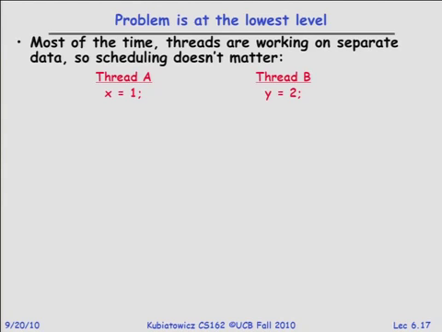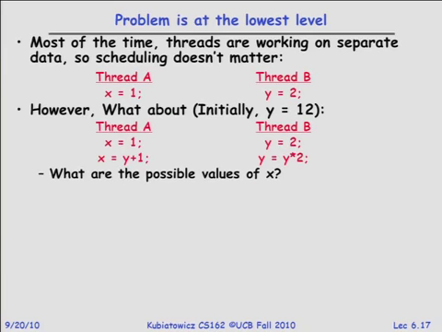This one's a little trickier, right? What are the possible values of x when these two threads are done? 13, 3, or 5. Looking at my slides, of course. Can anybody see why? Suppose that thread A runs to completion, x equals 1, and y started out at something.